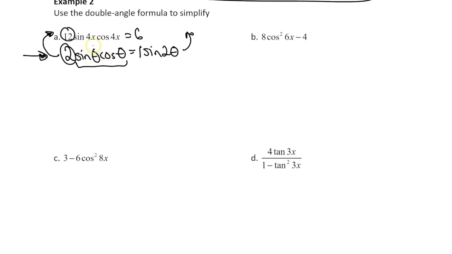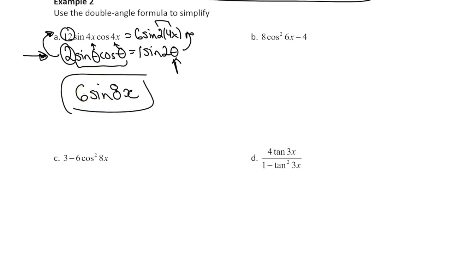I used to have thetas, but now I have 4 x's. So wherever I have a theta, right here on this right side, I should change to or substitute with a 4x. So I get 6 sine 2 times 4x, and those can be cleaned up to say 6 sine 8x, and that would be my best answer on how to simplify a double angle identity.